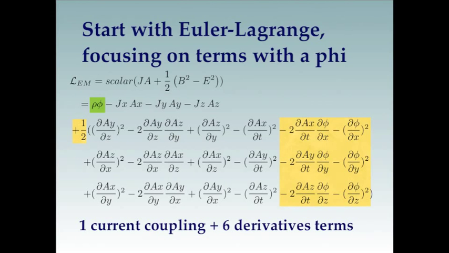So to derive Gauss's law, that is one of the Maxwell source equations, one works with any term that has a phi in it. And all other terms can be ignored. Thank goodness. So we can see that there is one term that's got a phi living in what's called the current coupling term. And then there are these derivatives, and they all live over on the right side, in a mixed derivative term and what I call a pure squared term, as it were.